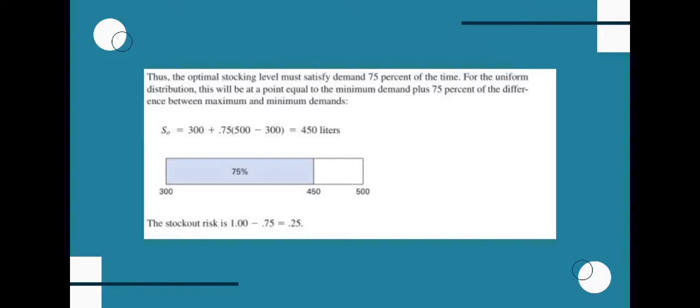Now the optimal stocking level is equal to 300 liters plus 0.75 times the 500 liters minus 300 liters, which is equal to 450 liters. So from 300 to 500, 75% of it is 450. The stock out ratio is 1 minus 0.75, which is equal to 0.25.